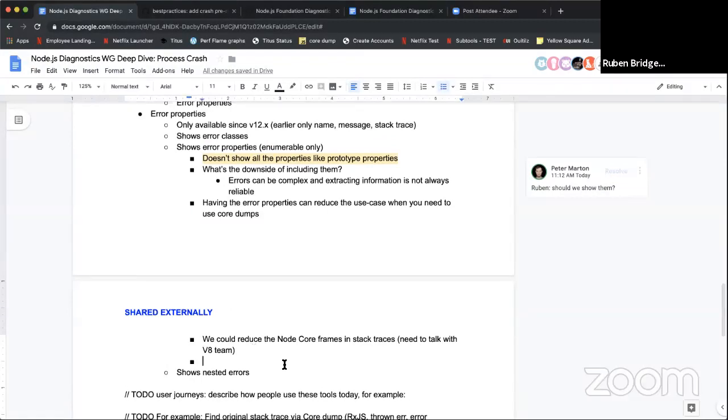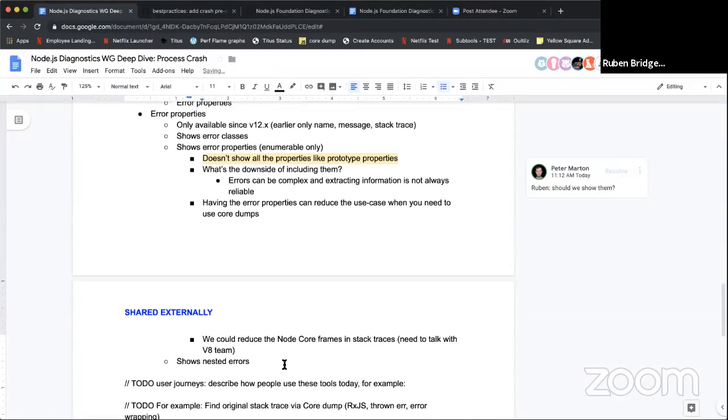Yes, definitely. It's just something I would like to track in the long term, because ideally, as Peter also said, we hopefully at some point get most of our information from the error itself and don't need any postmortem debugging anymore.